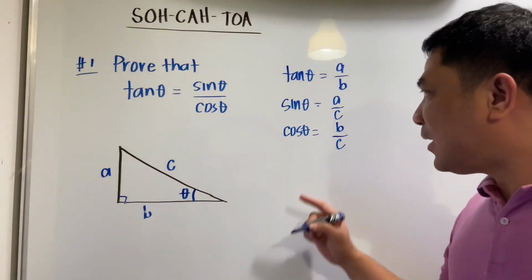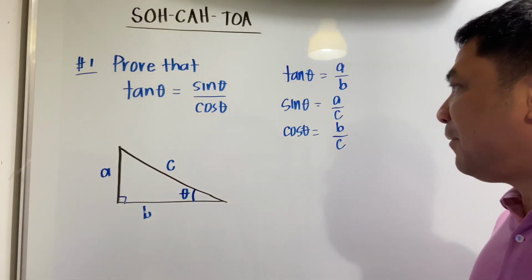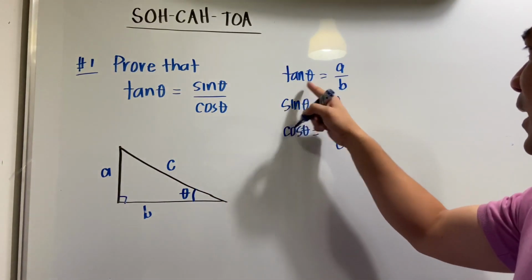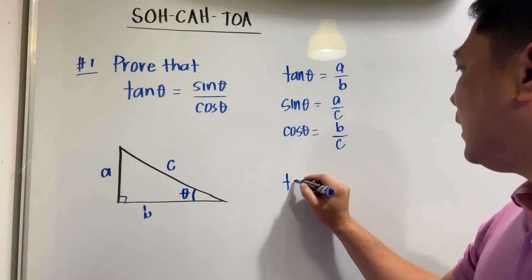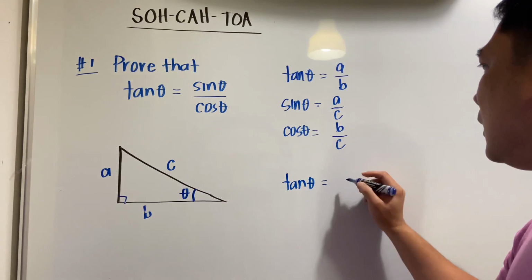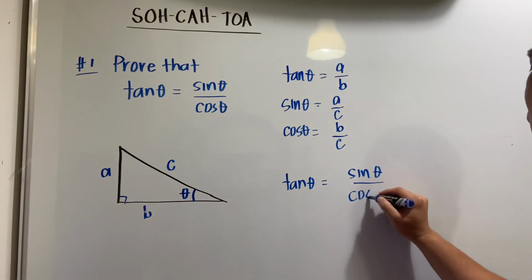Now, let's try to substitute this with the sides of your right triangle. We say tangent is equal to A over B. So tangent theta is equal to sine theta over cosine theta.